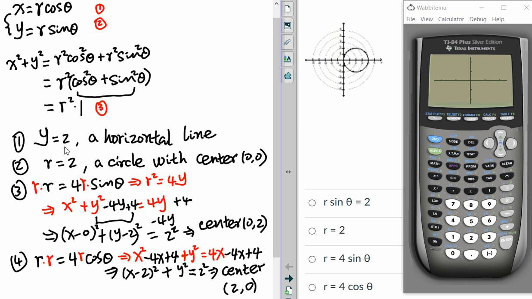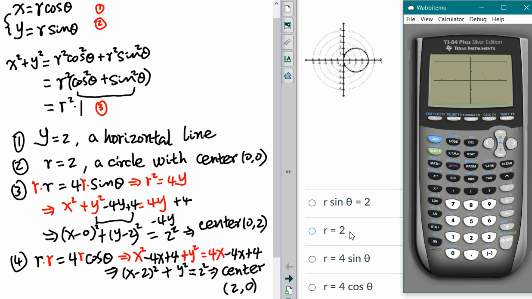Y equals 2 is a horizontal line. Okay, so if you want to use your graphing calculator, you turn it on, and you do y equals 2, you graph it. That's a horizontal line. This line.